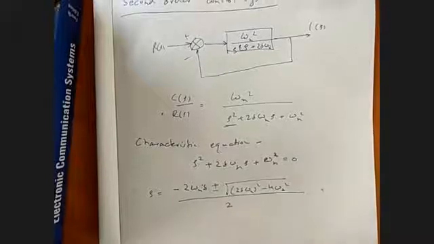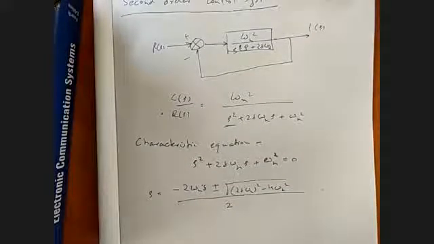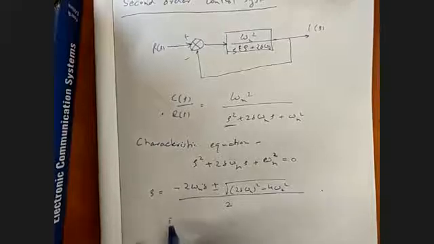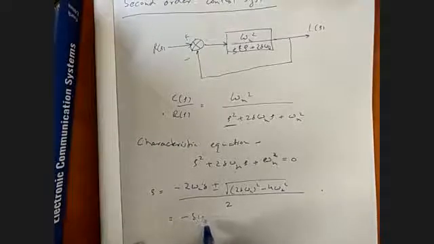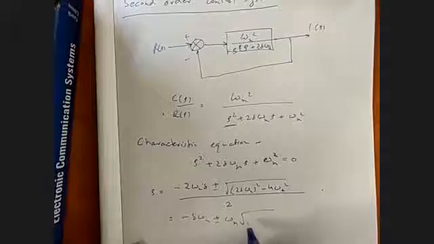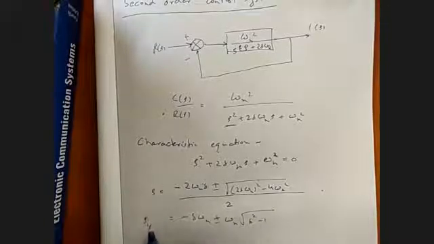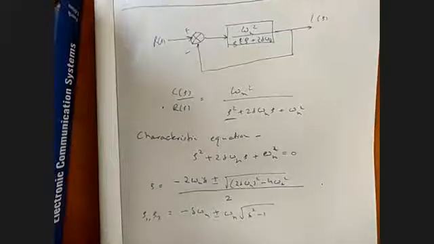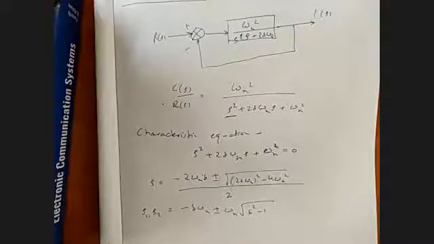Because for any second order characteristic equation, if you remember, it is minus b plus minus under root b square minus 4ac upon 2a. So I have put the values, and it comes out to be minus delta omega n plus minus omega n under root delta square minus 1. So these will be the two roots of this characteristic equation, s1 and s2.